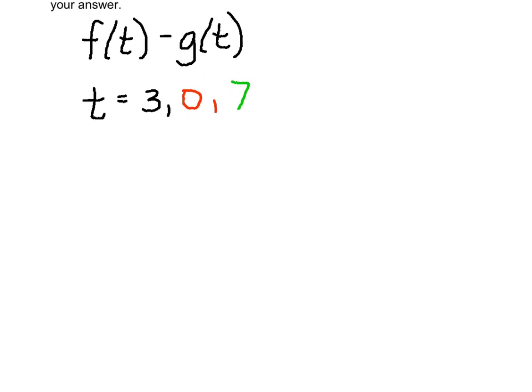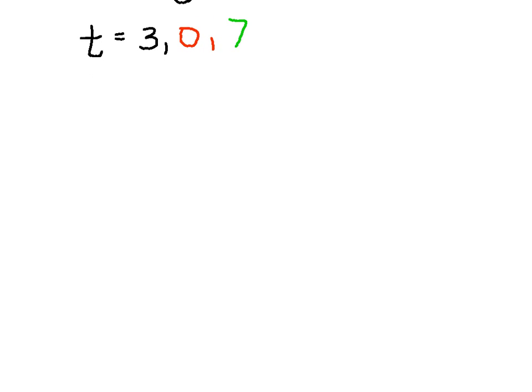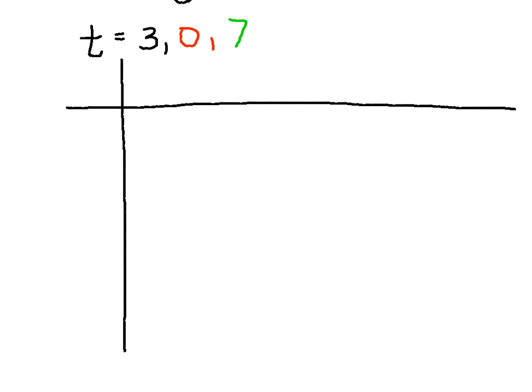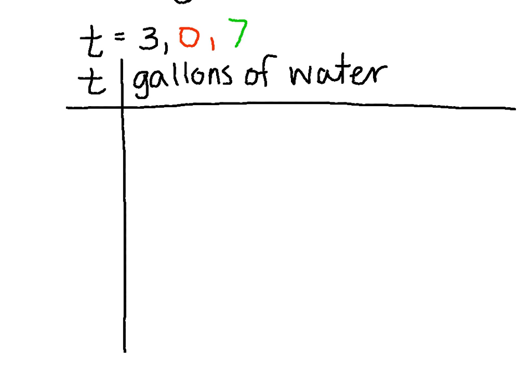But in this case, you also have to include the endpoints because they are also possible candidates for the maximum. So now that you have the 3 candidates, you can try and figure out which one is the right one. The easiest way to do this is to make a table. Over here it's going to be t, and this is going to be gallons of water. You'll solve for how many gallons of water are in the tank at each of the 3 candidates.